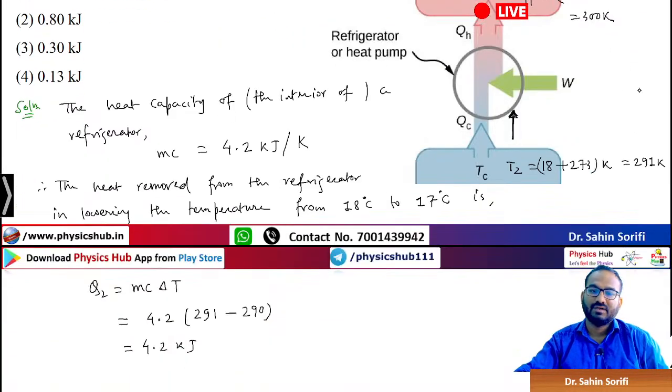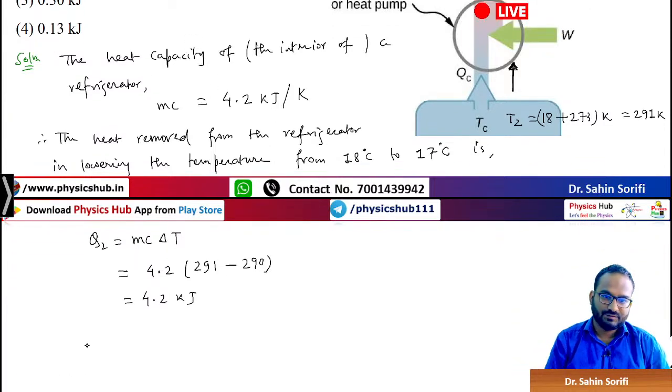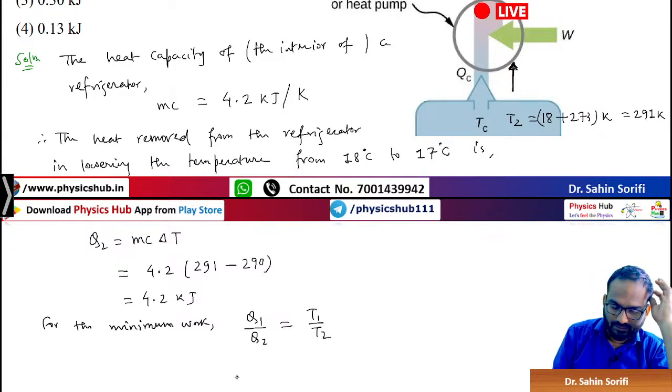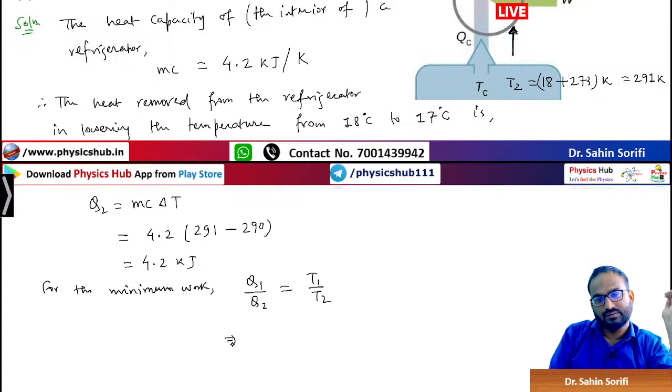Minimum work. For minimum work, we can use this formula: Q1 by Q2 is equals to T1 by T2. That formula we have already got. So Q2 we have got. Therefore, we can get Q1.